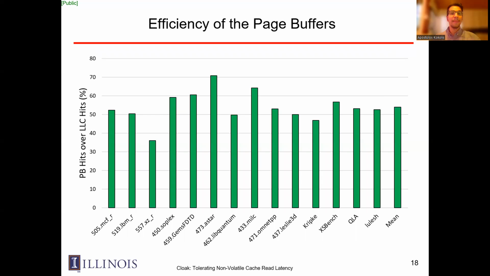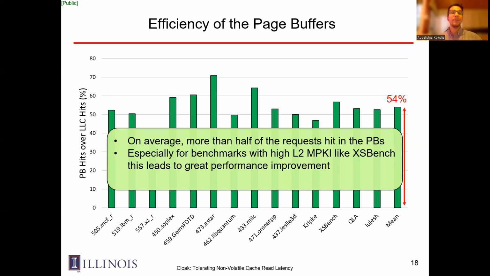And we find that 44% of all requests are being serviced from the page buffers instead of the LLC NVM data array. This means that on average, nearly half of the requests hit in the page buffers instead of the data array.